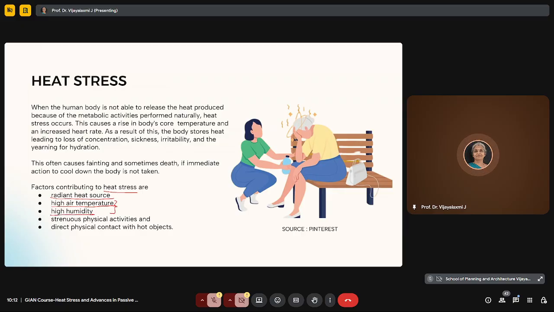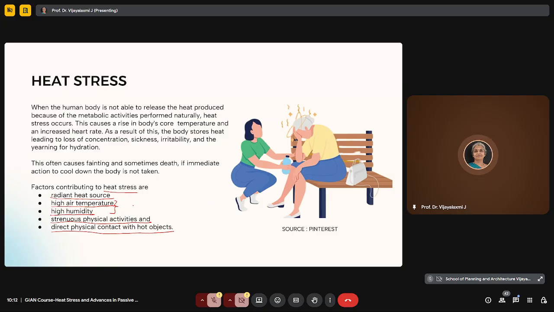These two I have reiterated because of the very recent issue of heat stress, how mortality has happened in Chennai during an air show. Strenuous physical activity can cause heat stress. We all know that, and therefore we know the difference between doing a physical activity in an AC room and a non-AC room. And then direct physical contact with hot objects.